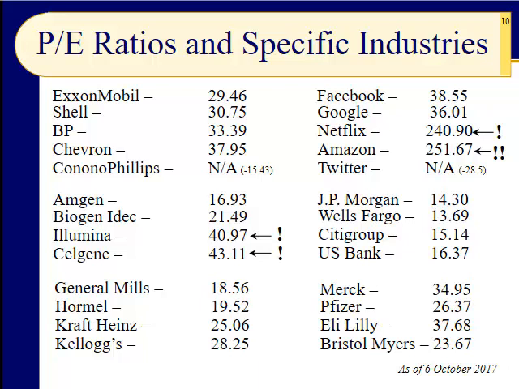All right. Now, what about the biotech world? Well, Amgen trades for a respectable 17, which in these days is pretty average. Biogen IDEC, another biotech company, is at 21. A little bit more excited are the investors. But look at Illumina and Celgene. These are two biotech companies that we would list as speculative.